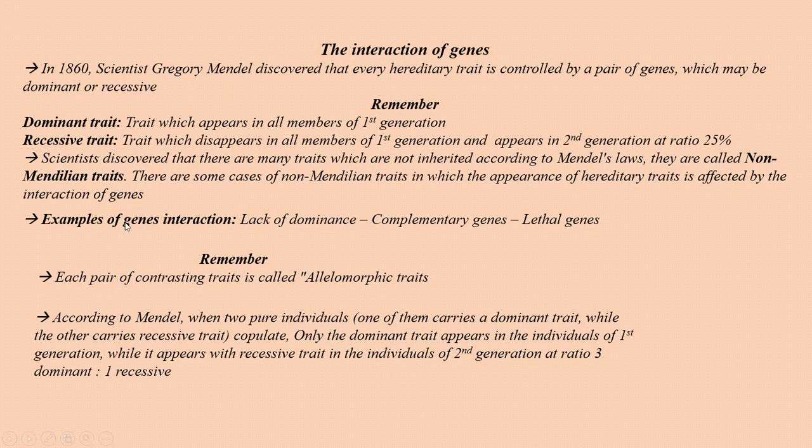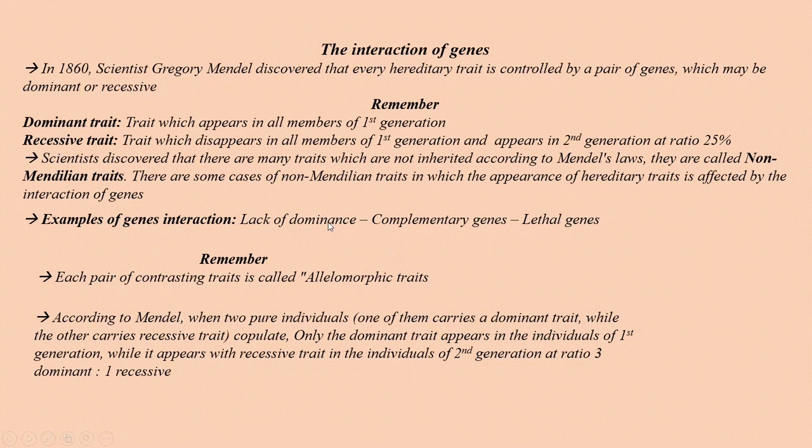عندي examples للكلام ده؟ Yes, I have 3 examples. Number 1 is a lack of dominance, complementary genes, and lethal genes. اوكي يبقى هنا لما اتكلمنا على المنديليان character اتكلم only على dominant and recessive traits. While when we talk about the non-Mendelian characters, I have 3 different types, 3 different interaction of genes.